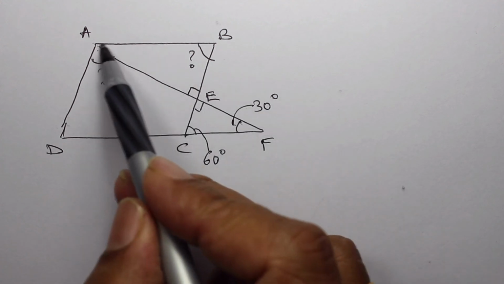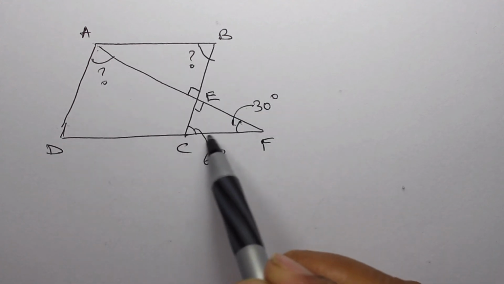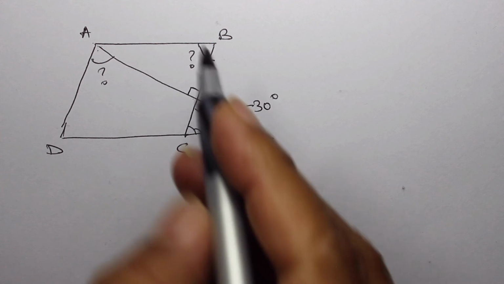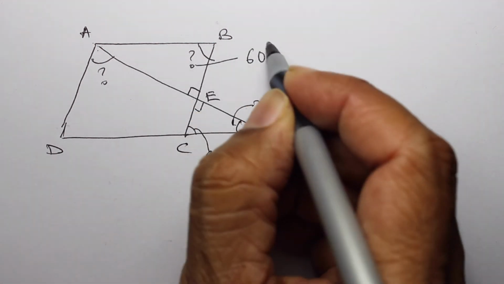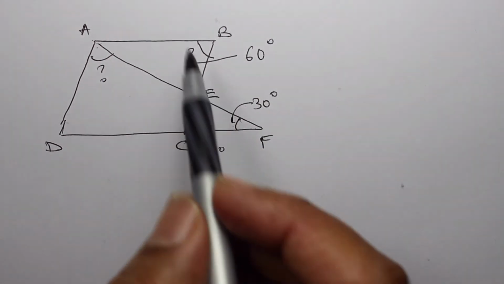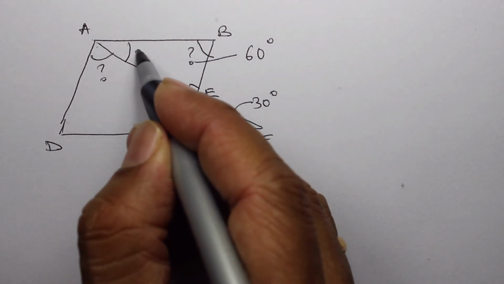If you see now the Z shape here, this is 60, so hence this is 60 degrees. And since this is part of the triangle, this would be 30 degrees.